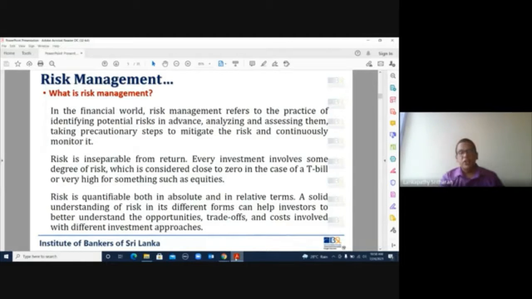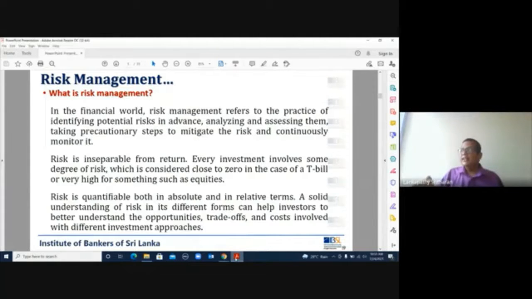Risk management refers to the practice of identifying potential risk in advance, because when we are making an investment, at that point in advance, we have to identify what potential risks could arise. Let me give an example, an equity market example.